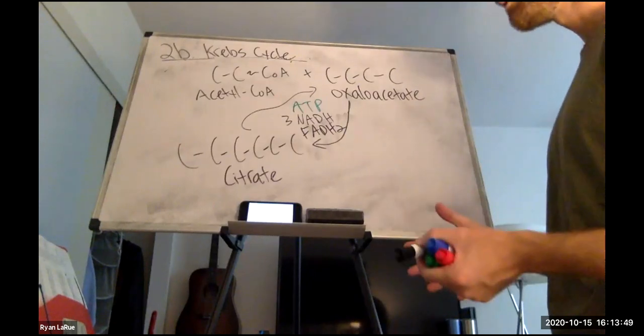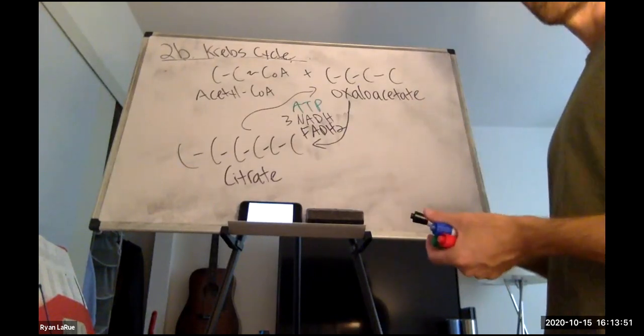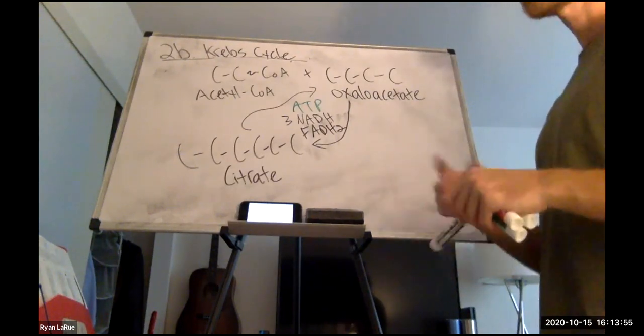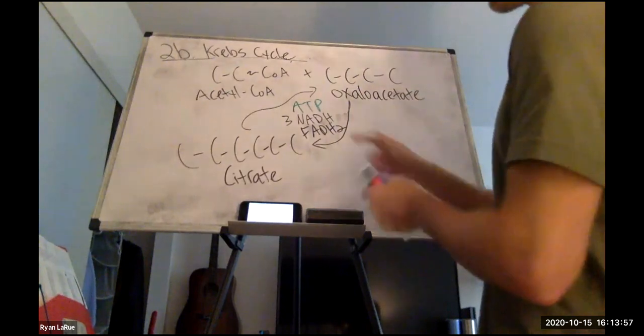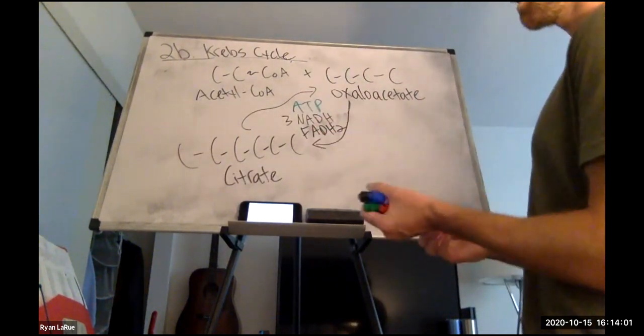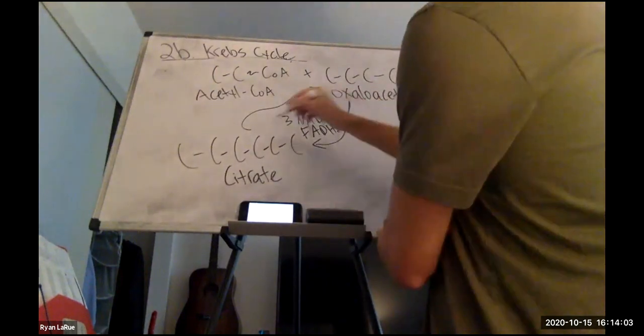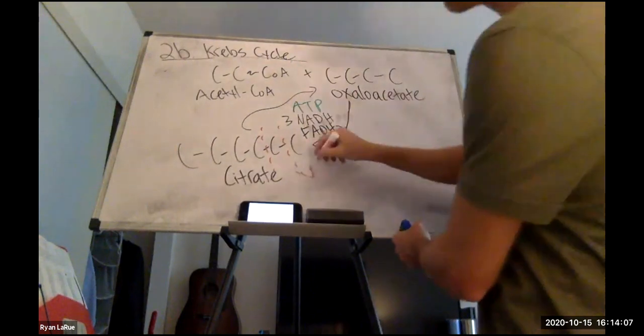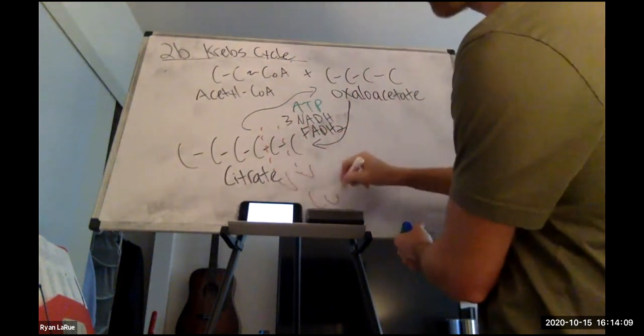And then there's also CO2 released from the Krebs cycle. Per cycle, 2 CO2 molecules. In fact, in regenerating oxaloacetate, you lose 2 carbons, right? So I'm gonna cleave off 2 of these carbons, which is going to make 2 CO2 molecules.